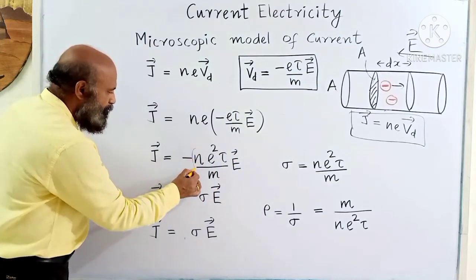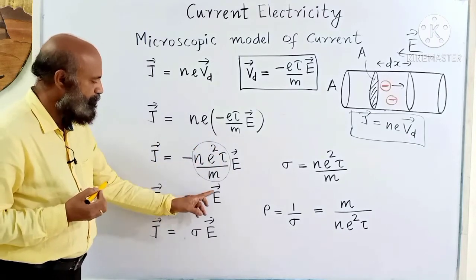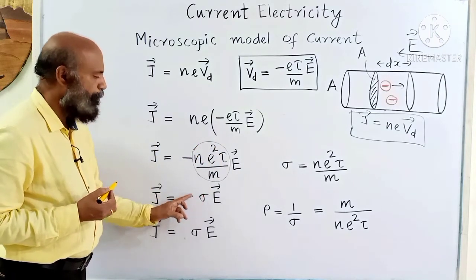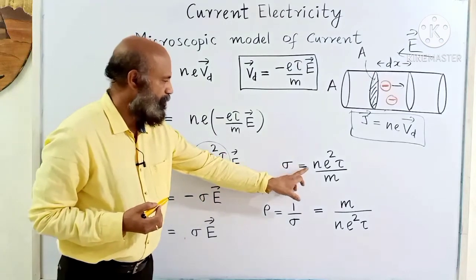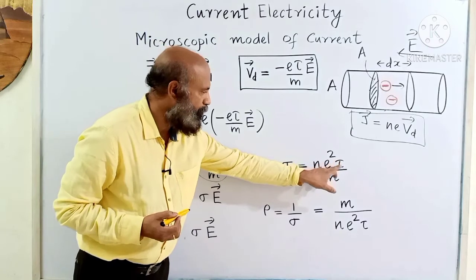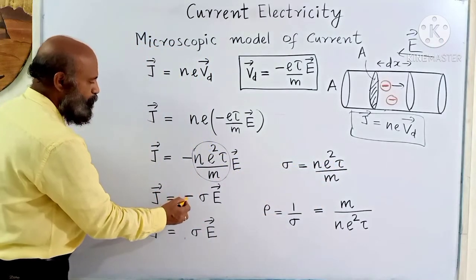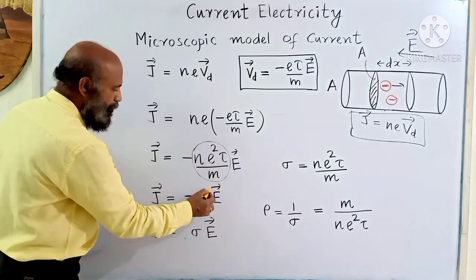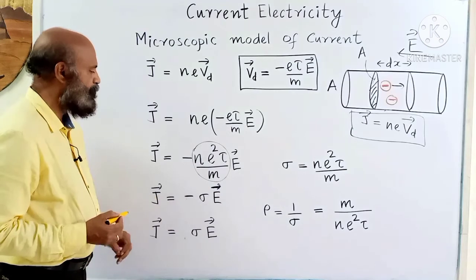For this, you can give the symbol sigma. So sigma is the conductivity, n e squared tau by m. J vector is equal to minus sigma E vector, where sigma is the conductivity.